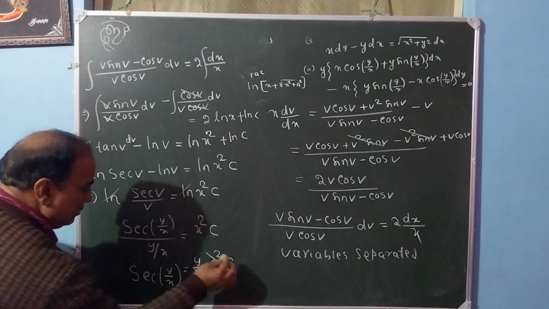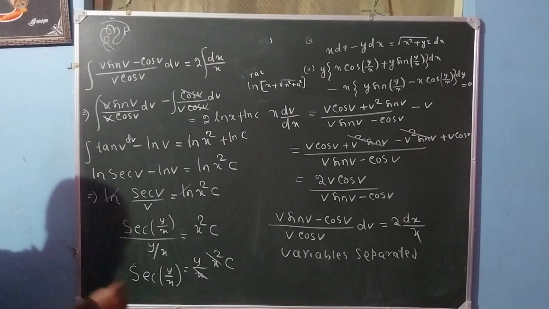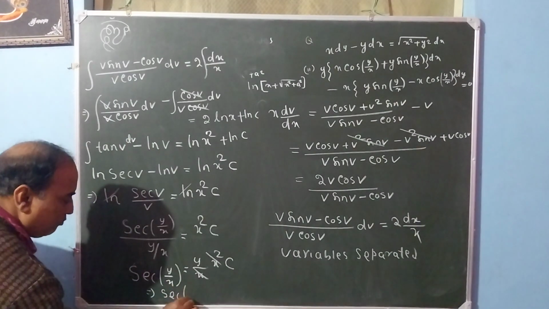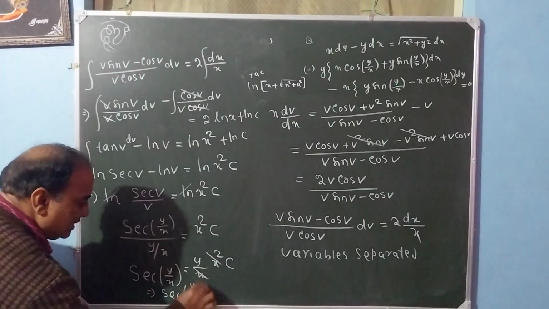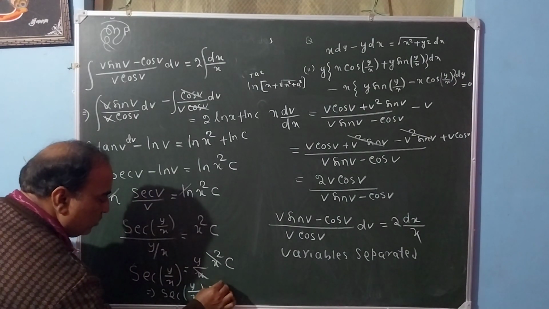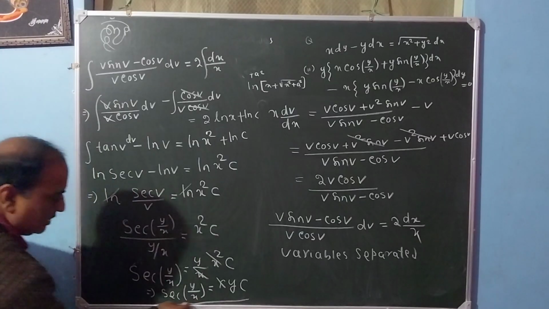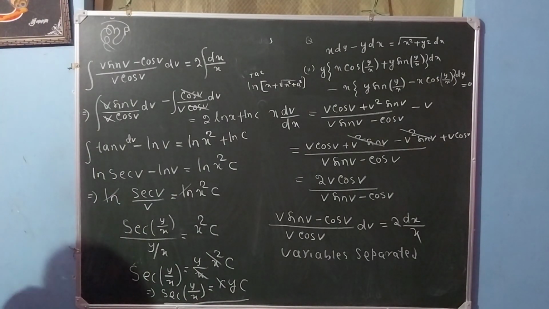This x cancels with this x. So we get the final answer: sec(y/x) is equal to x y into c. This is the answer of this question.